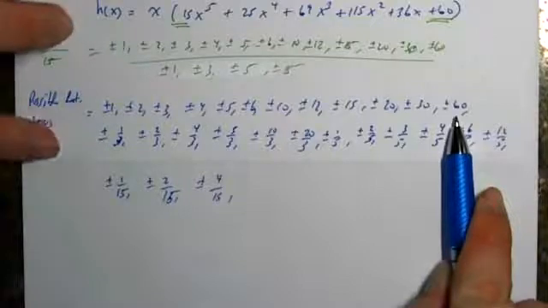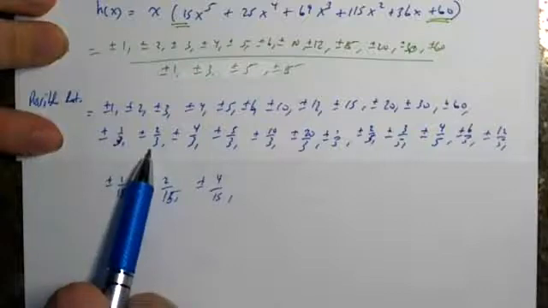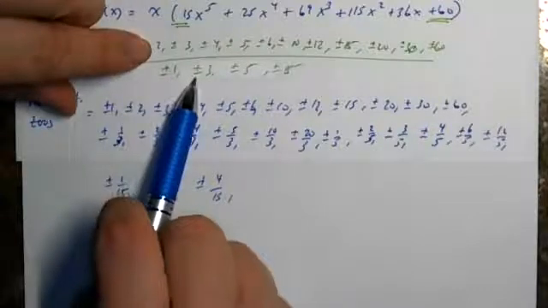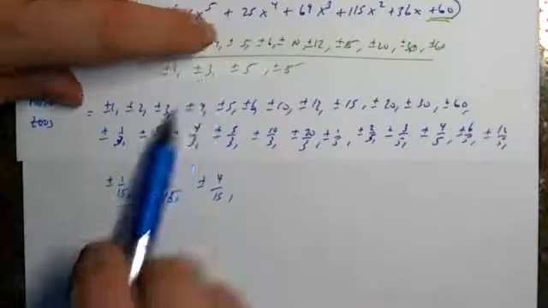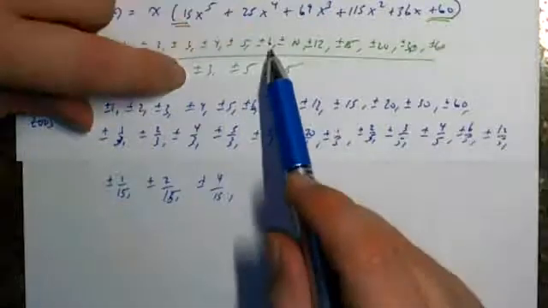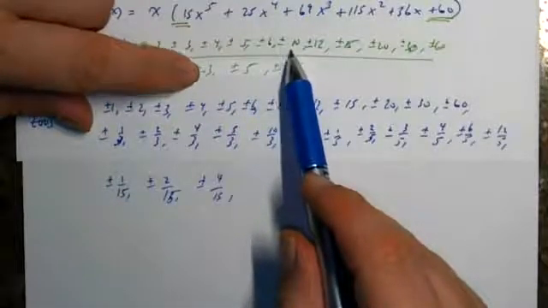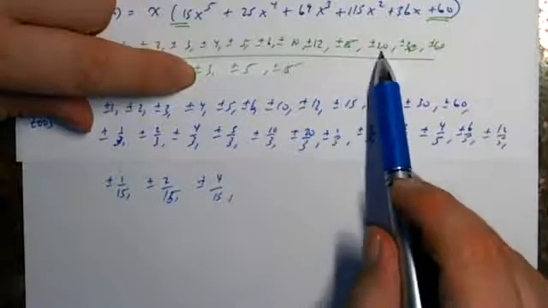Now the fractions: plus or minus 1/3, plus or minus 2/3, plus or minus 4/3, plus or minus 5/3, plus or minus 10/3, and plus or minus 20/3.